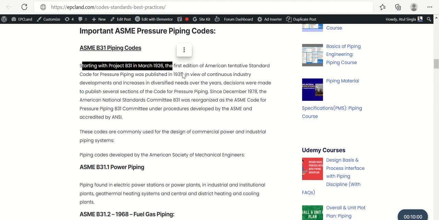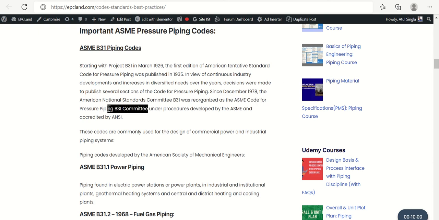Then the first edition was published in 1935. So there is a group of professionals, group of industry experts who keep on developing these things. Since December 1978, the American National Standard Committee B31 was reorganized as the ASME Code for Pressure Piping B31 Committee.